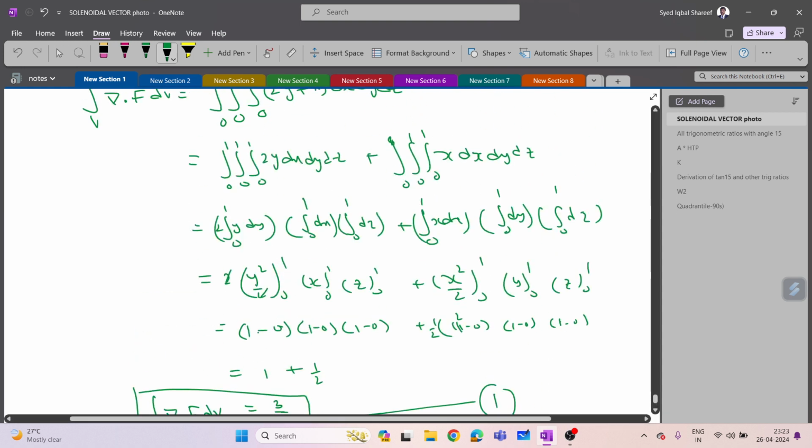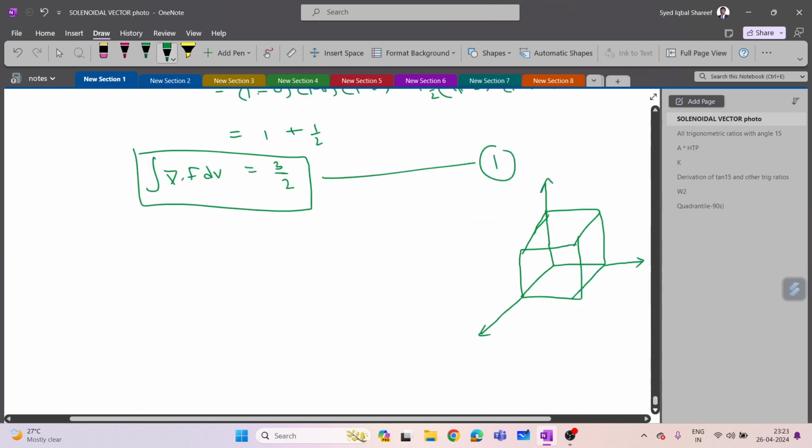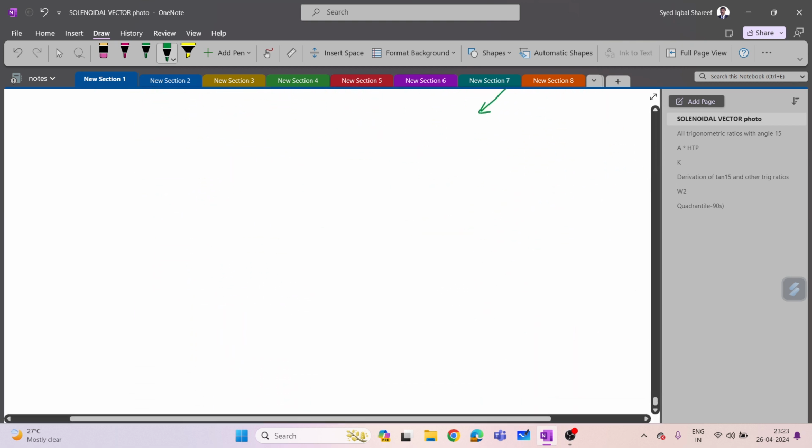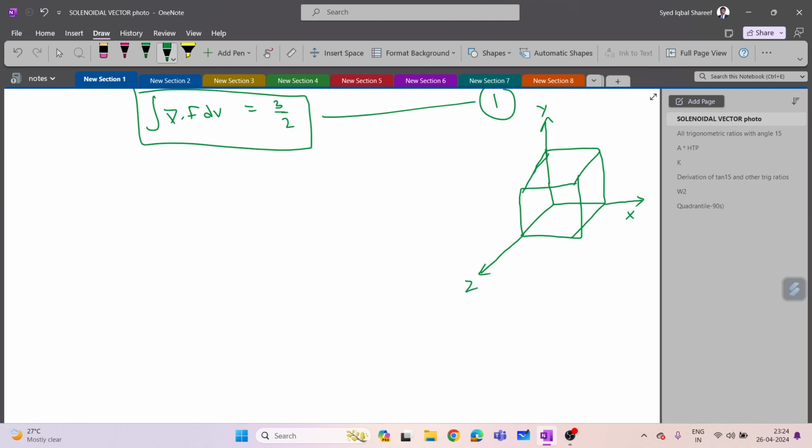Suppose this is your x-axis, this is your y-axis, and this is your z-axis. Name the vertices A, B, C, and this is our PQRS.